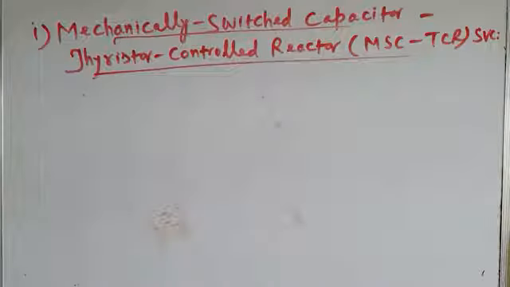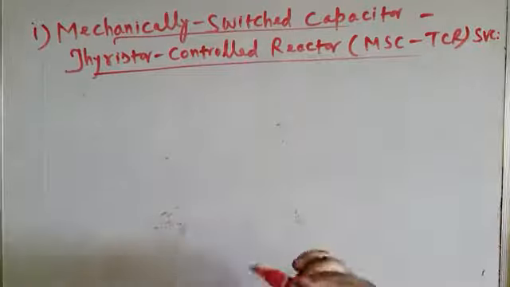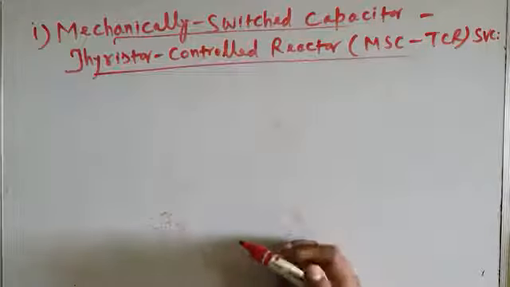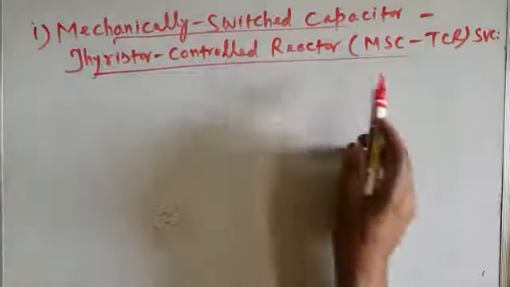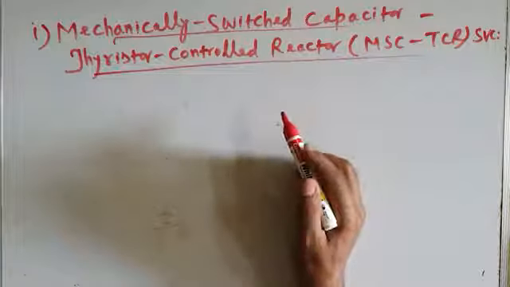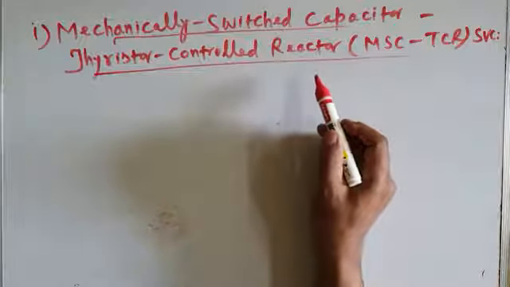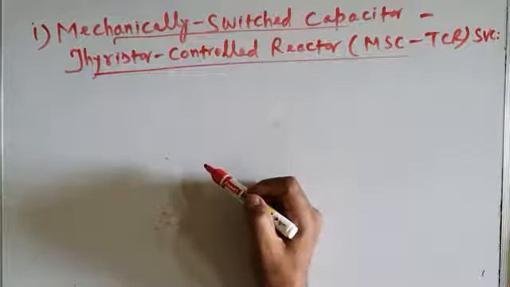In certain applications, especially those involving only a few capacitor switchings in a day, where a large number of switchings are not involved, this type of SVC, that is MSC, TCR type SVC, has been shown to offer acceptable performance at lower costs than a TSC, TCR, SVC.